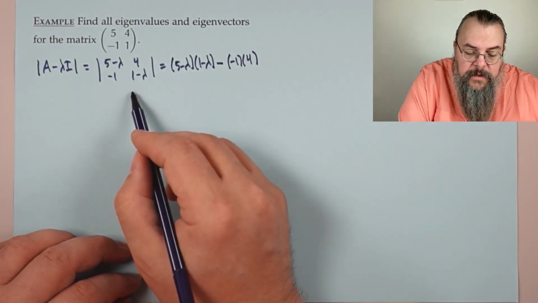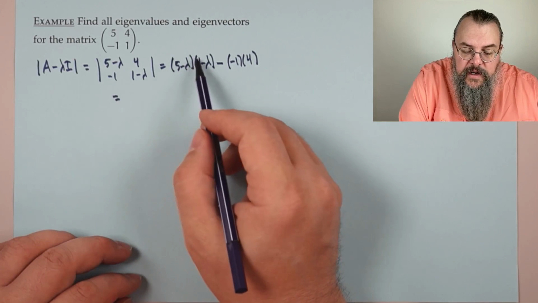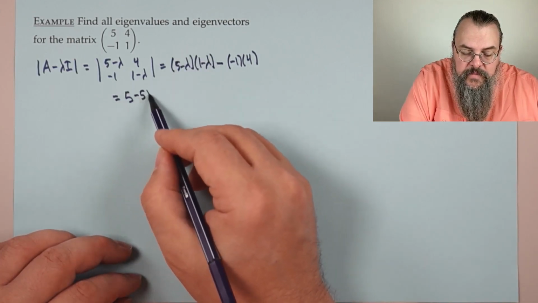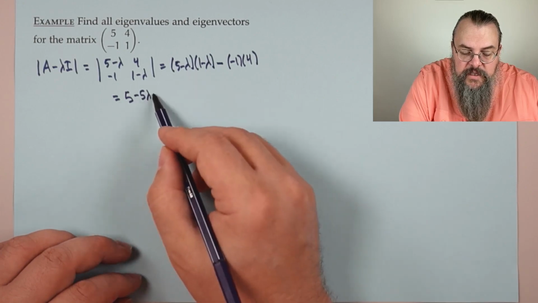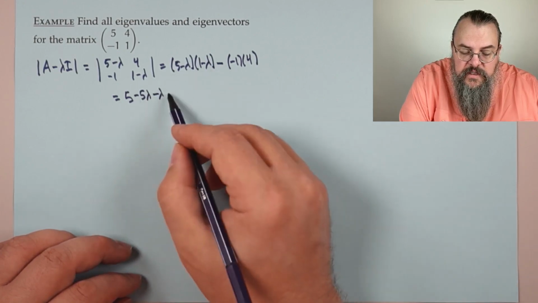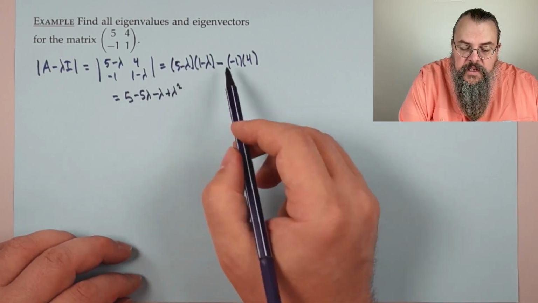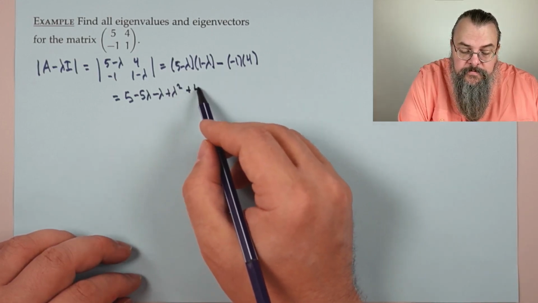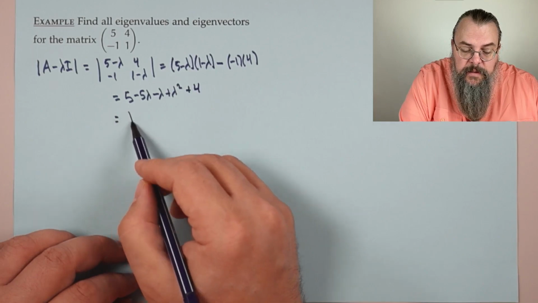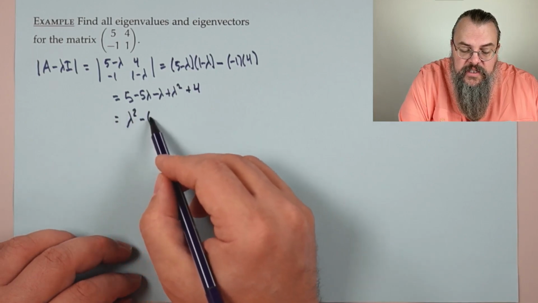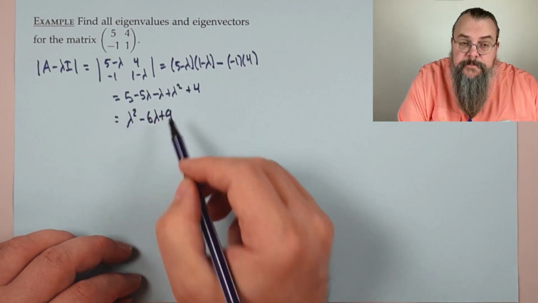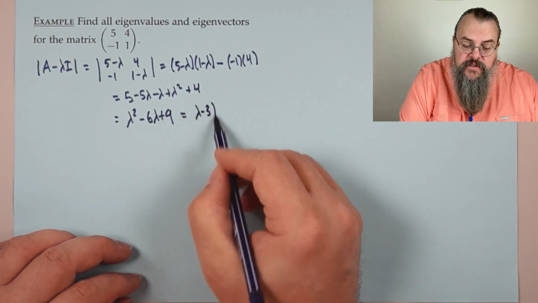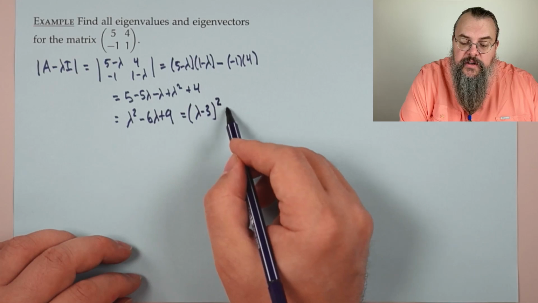All right, so that would give us what? Well, 5 minus 5 lambda minus lambda plus lambda squared. Then we have minus 4 makes a plus 4, which is lambda squared minus 6 lambda plus 9, which means we have lambda minus 3 squared.